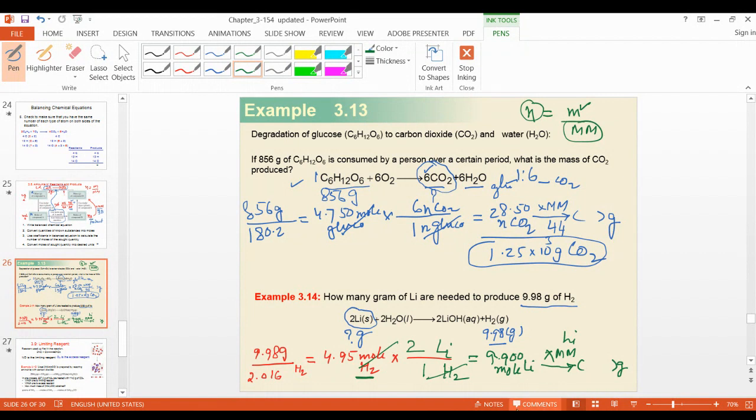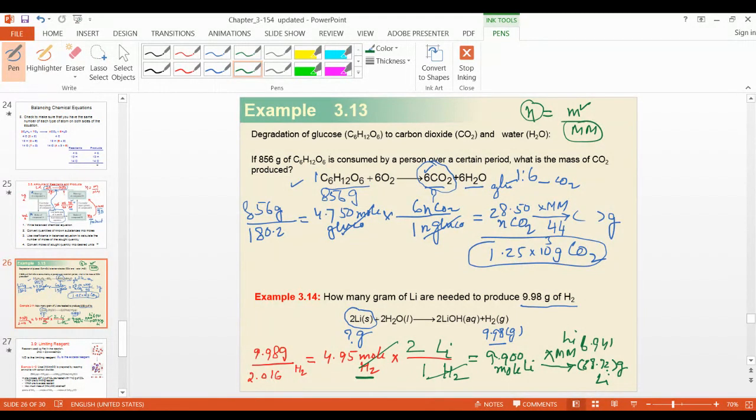Multiplying by 6.941, you get 68.72 grams of lithium.